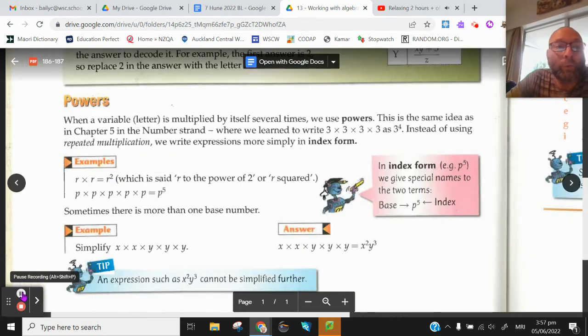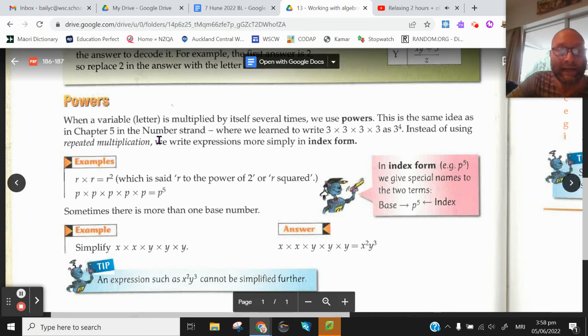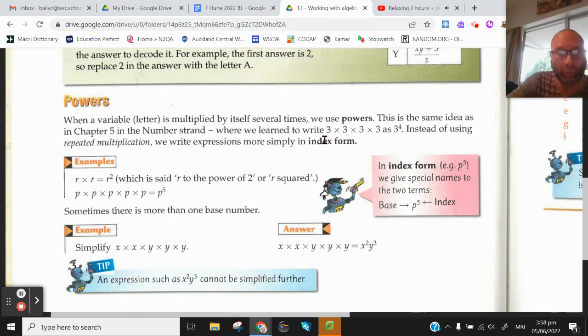All right, and now we're ready to talk about powers, also known as exponents or an index. So when a variable or letter is multiplied by itself several times, we're going to use powers. And this is the same idea as in chapter 5, where we learned to write 3 times 3 times 3 times 3 as 3 to the power 4.